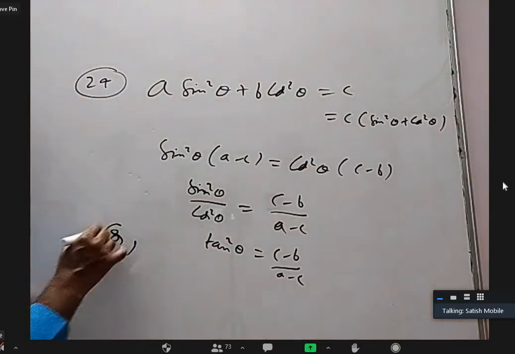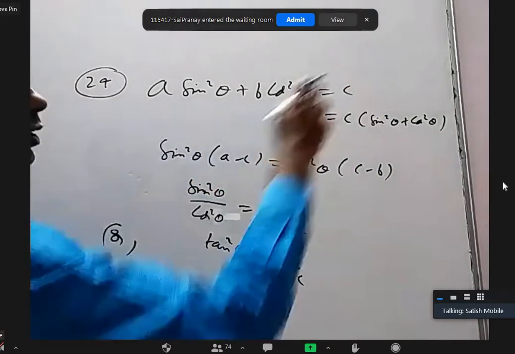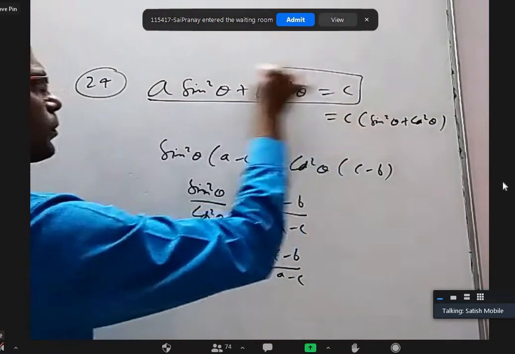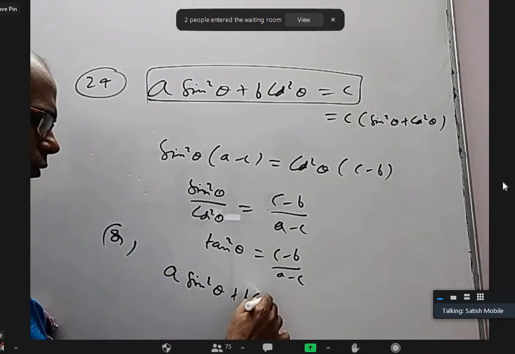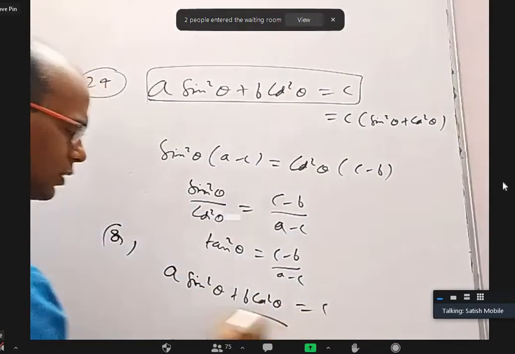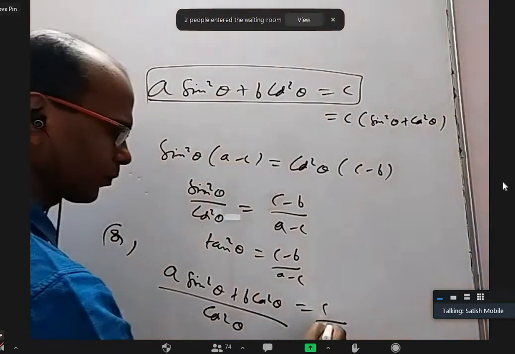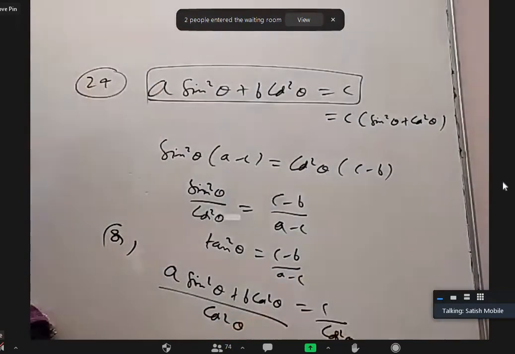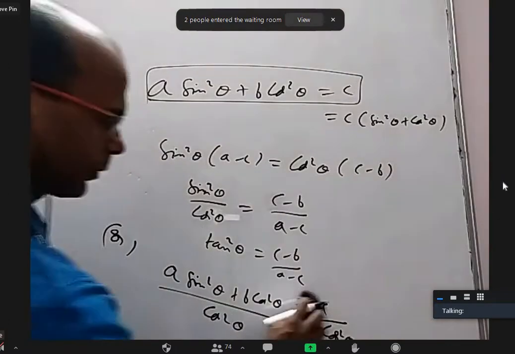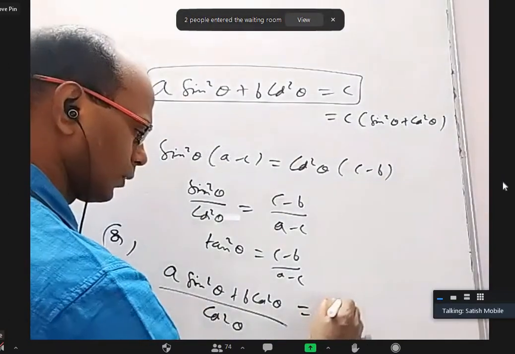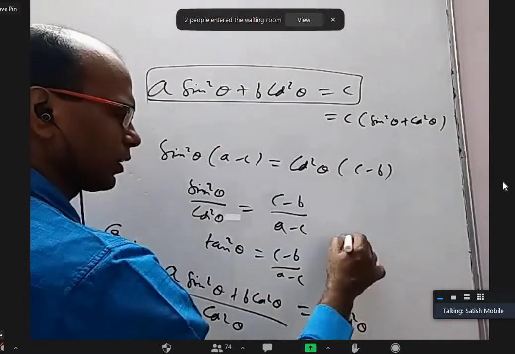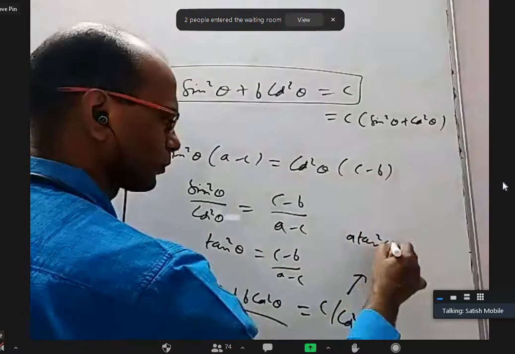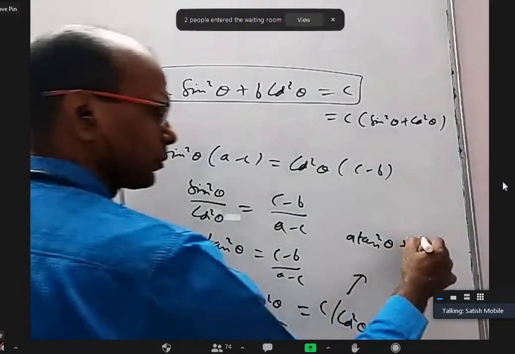Another way to do it is you divide with cos square theta all over, directly in the question. That is a sin square theta plus b cos square theta equal to c. Divide with cos square theta here, and here. Then this by this will become a tan square theta. This by this will become b.